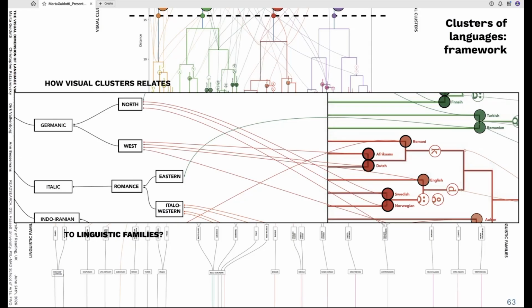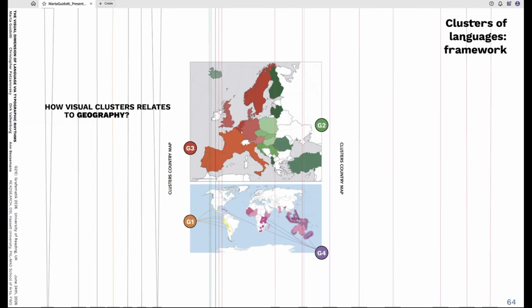Romanian, a language that is usually clustered with Romance languages, because of the use of accents is made nearer to Slavic languages, for example, and goes in another cluster, the green one. That reveals what we have used as a criteria to make the clusters. Then the other ones are almost all matching. As we can see, there is a match with the geographical clusterization of the languages, a sort of correspondence.